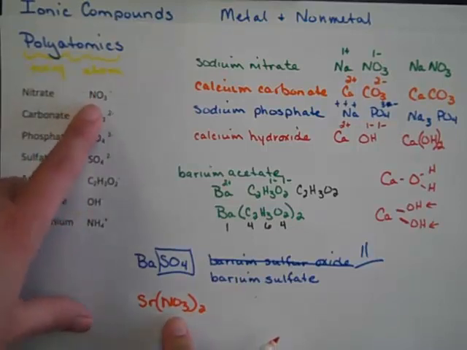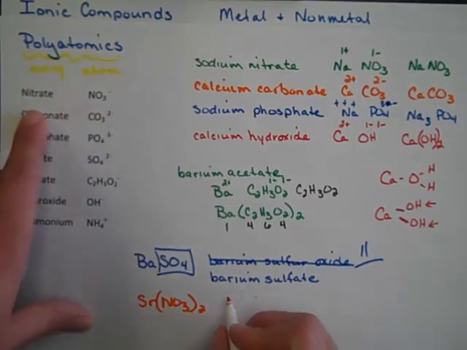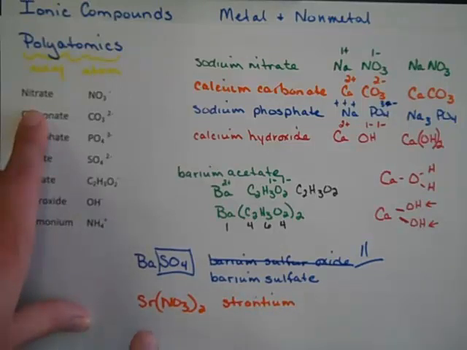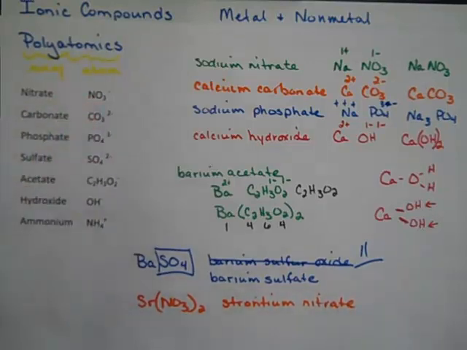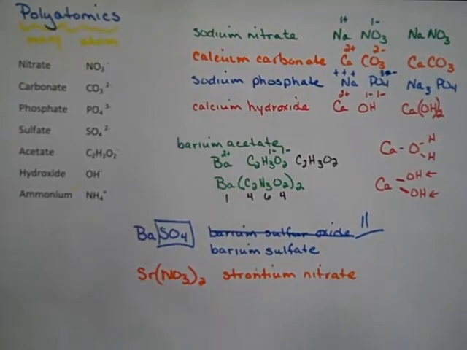So coming over here, we see that it's nitrate. Sr is strontium. And NO3 is nitrate. So we have strontium nitrate. Now what if we have this?